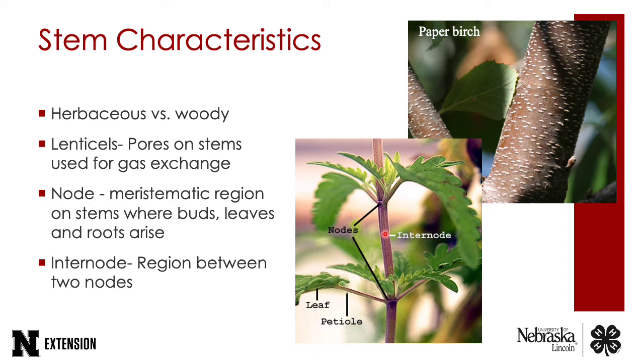So if we're making a pruning cut, we're typically going to make the pruning cut right above a node. Also with plant propagation, the place on the stem where new roots will be generated is from the nodes. So we want to make sure that we have some nodes in the soil when we're doing stem cuttings for propagation purposes.